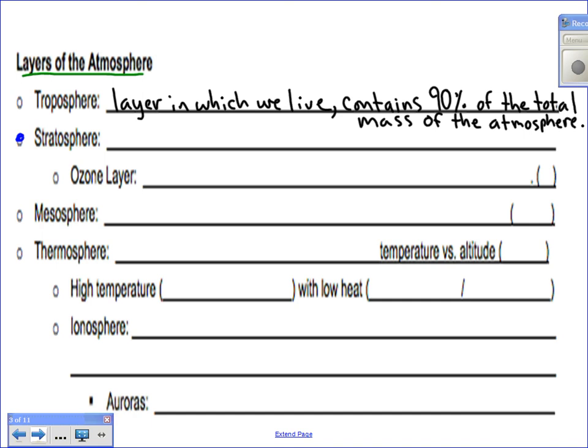So for this one, what we will write is: layer made up of layered gases that don't mix and is very cold.